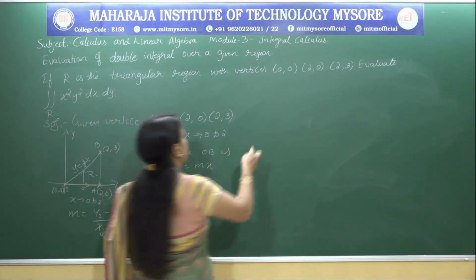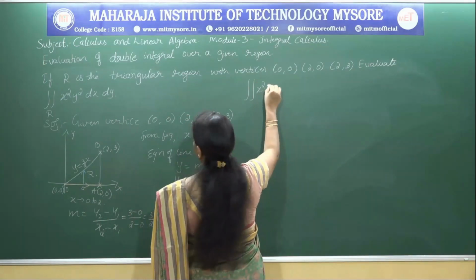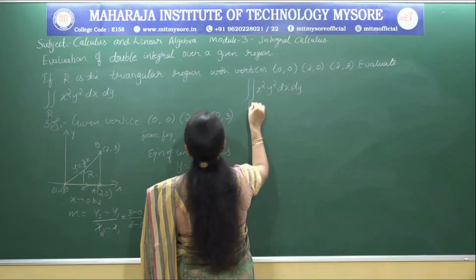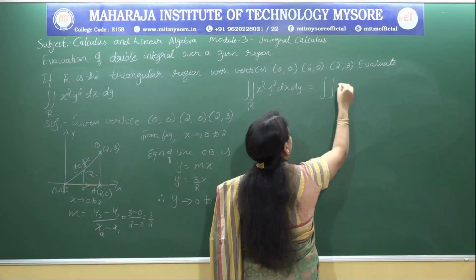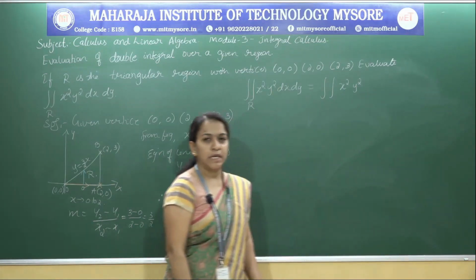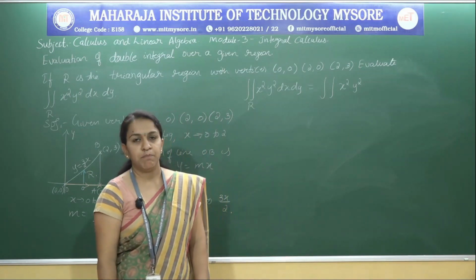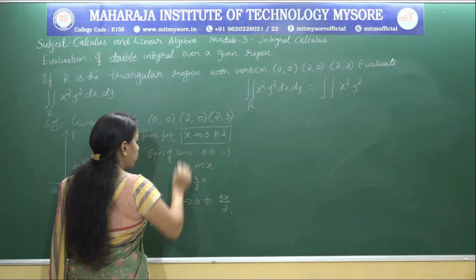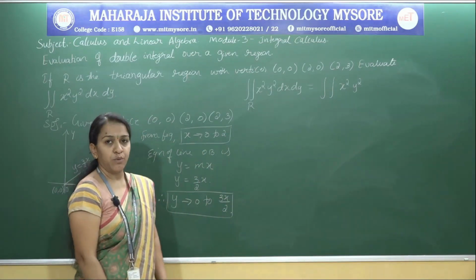Now consider the given double integral, double integral of x square y square dx dy over the region R. I will write only this part, x square y square; I am not going to write dx dy now. Before that, we should represent the limits, because here the x limit is between 0 to 2 and the y limit is between 0 to 3x by 2.